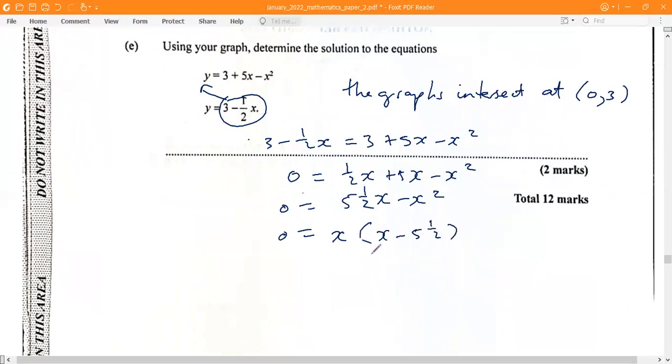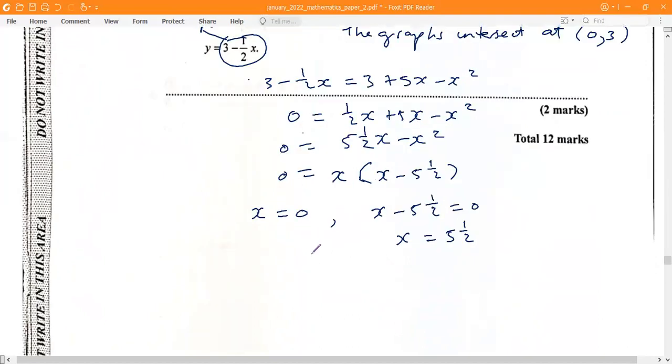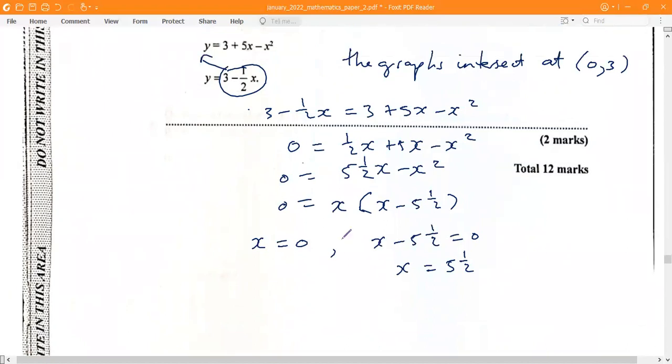Which means that when we solve this equation, x equal to 0 is one possibility, and then x minus 5.5 could be equal to 0. Therefore, x would be 5.5. If x is 5.5, we substitute 5.5 into f of x, or we could substitute it into any equation.